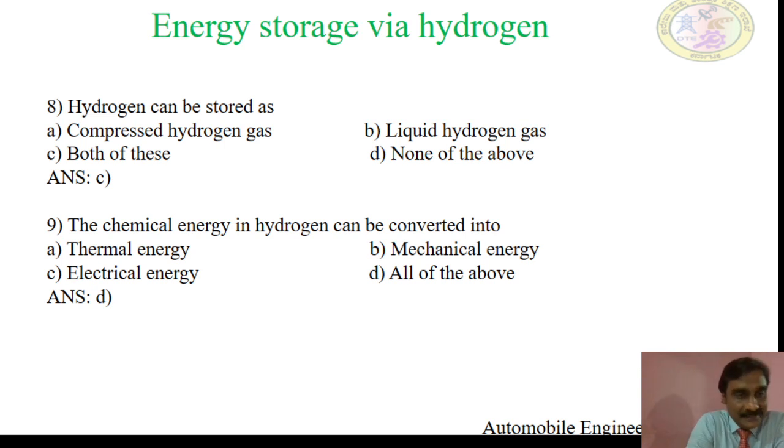So the chemical energy in hydrogen can be converted into thermal energy, mechanical energy and electrical energy. By burning we can get thermal, mechanical and electrical energy. The right answer is option D, all of above.